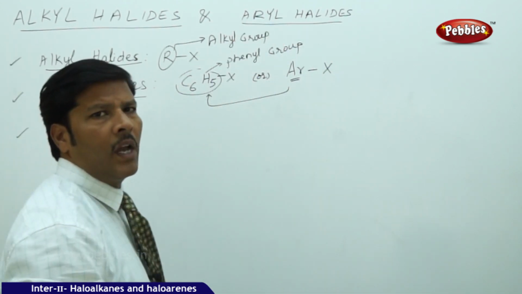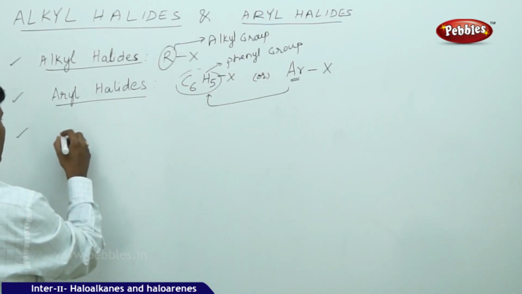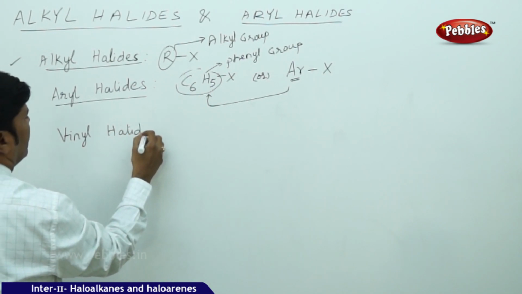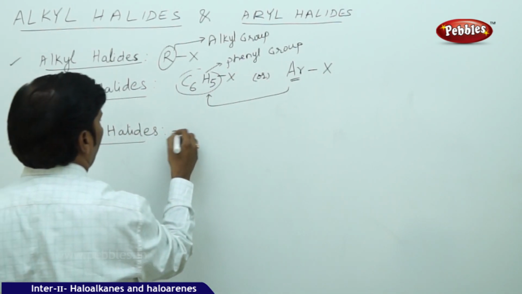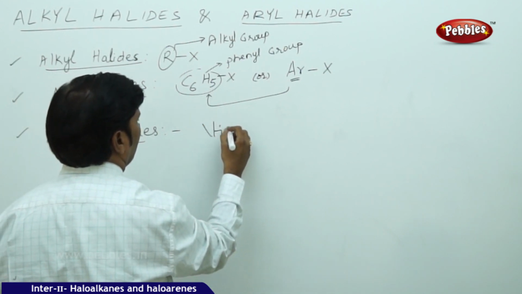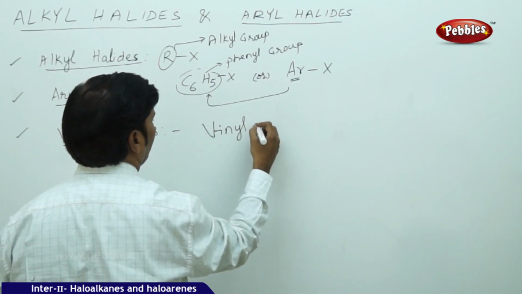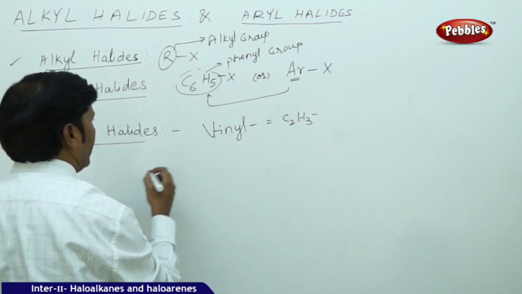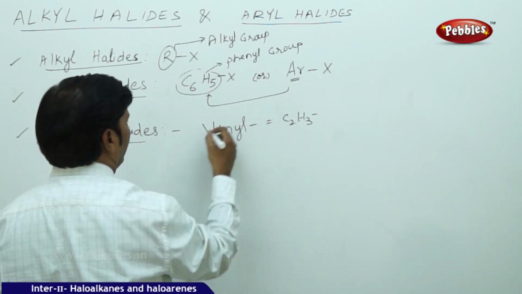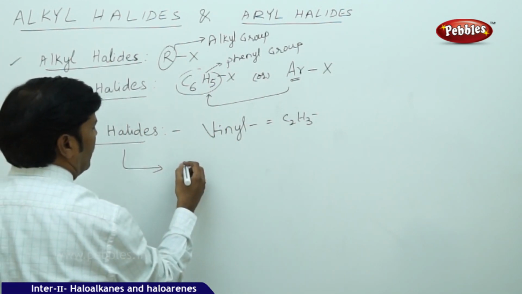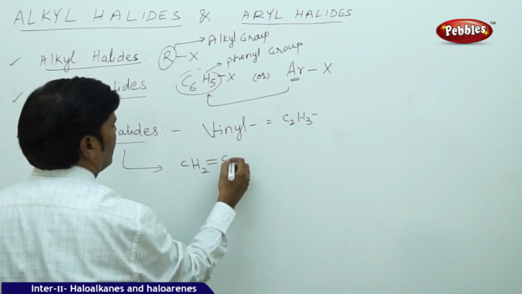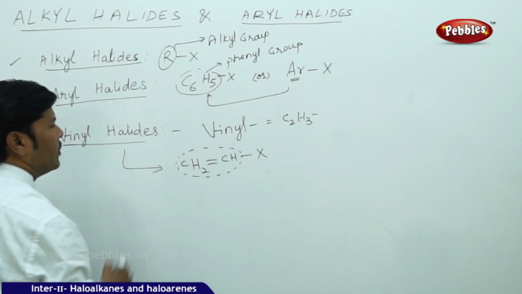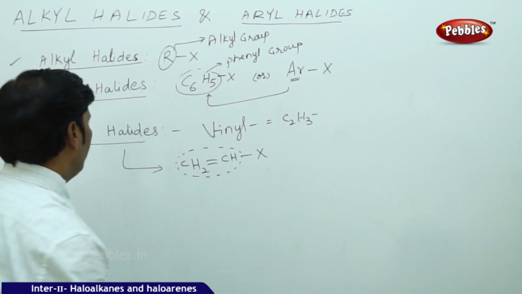So apart from alkyl and aryl halides, we can also take vinyl halides. The vinyl group is C2H3, so we can take the general formula as CH2=CH-X. This CH2=CH is the vinyl group and X is the halide, so vinyl halide.